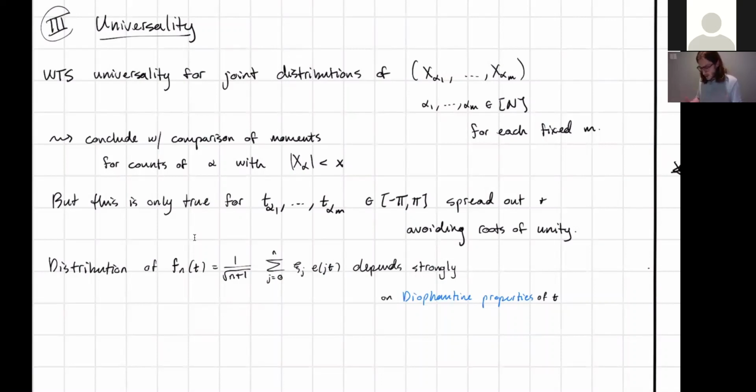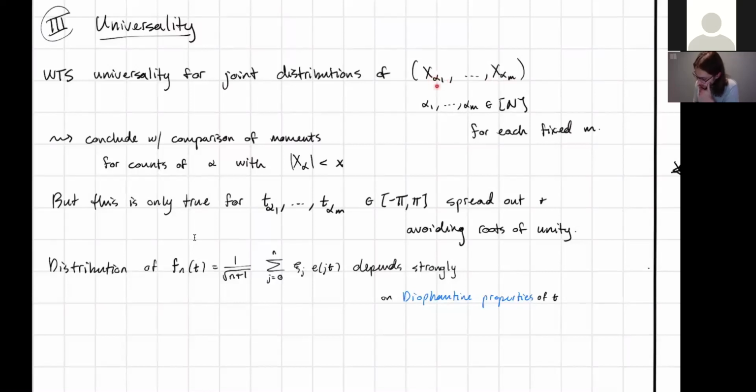And then we can take moments of that. If we can prove that the moments of this are universal, then we can get the distribution for the smallest level. So really what it comes down to is understanding the joint distribution of these points at any fixed number of points along the circle.